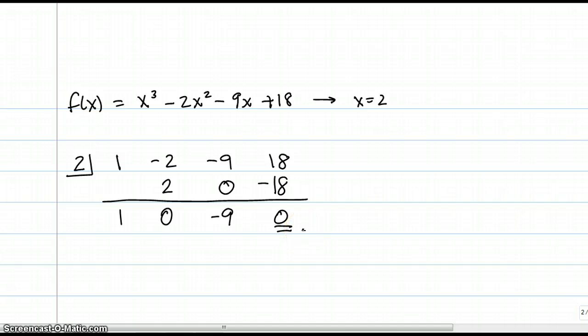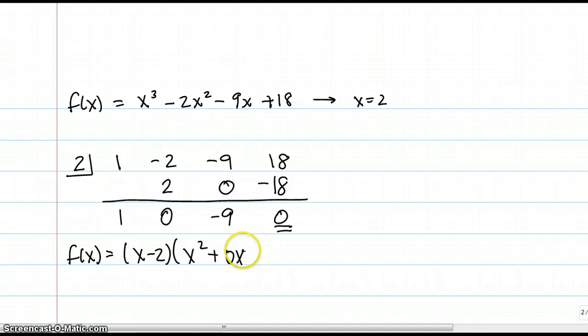So now, my other factor for my polynomial, we know the first one is x minus 2. And then from the synthetic division, these coefficients tell me that I have x squared plus 0x minus 9. Now you don't need to write that 0x there, right?